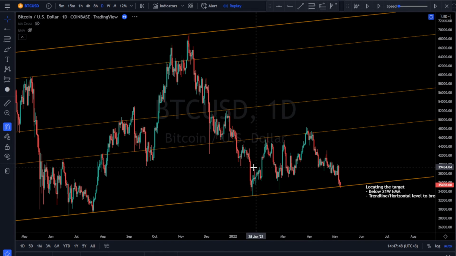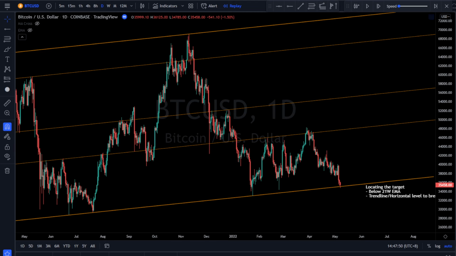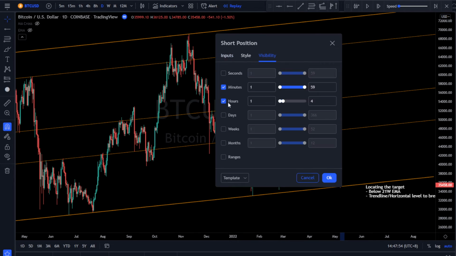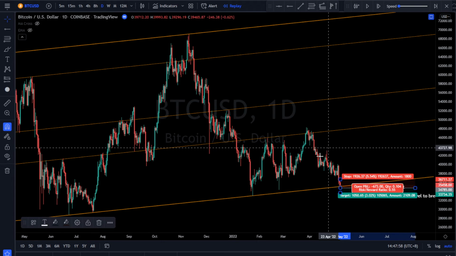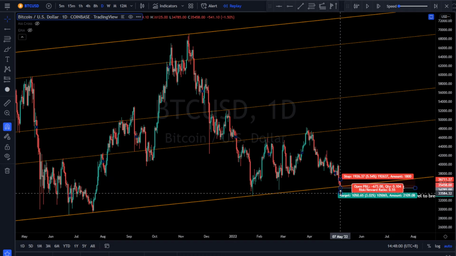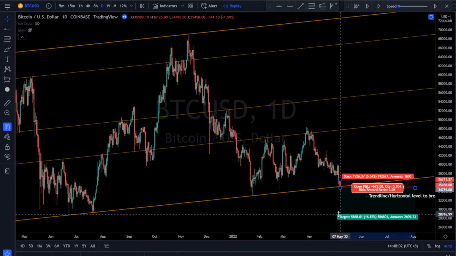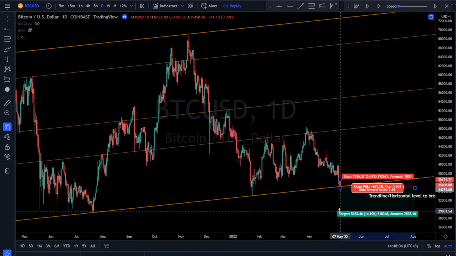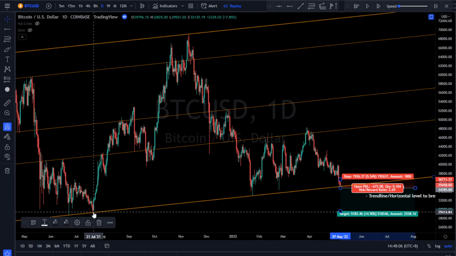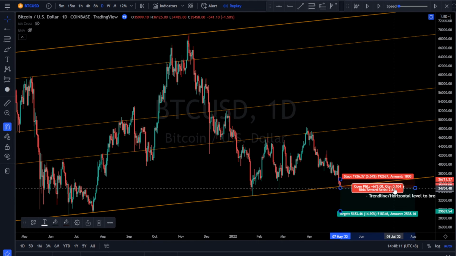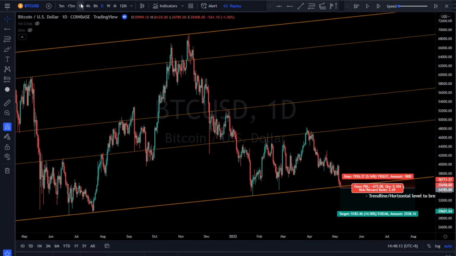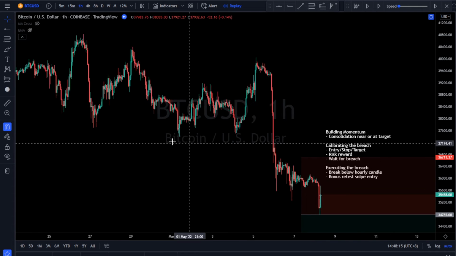All right, and let's look for a target. Target can be the lows here, somewhere here. So it works out to 2.69 risk reward. Let's go back in and watch.